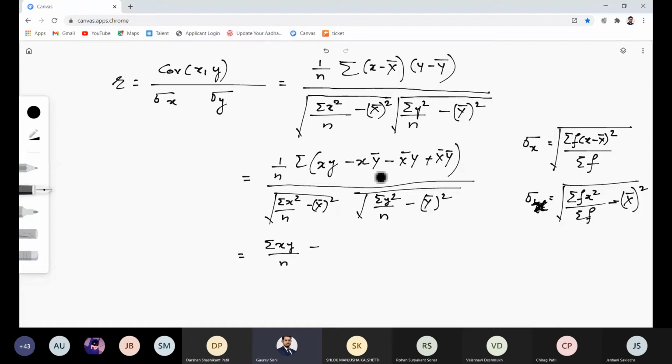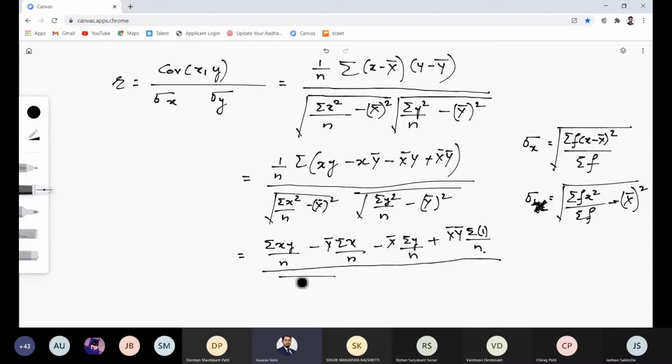Minus y bar, which will be constant, so it will come outside the summation: summation x by n minus x bar summation y by n plus x bar y bar summation 1 by n, upon under root summation x square by n minus x bar square, other one summation y square by n minus y bar square.